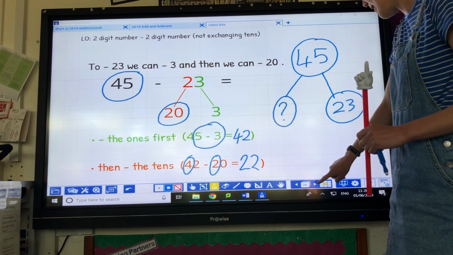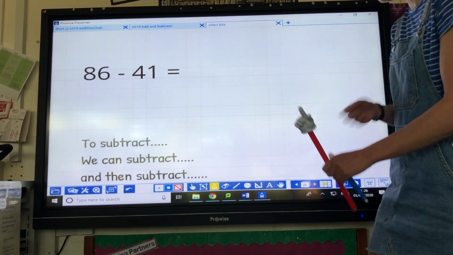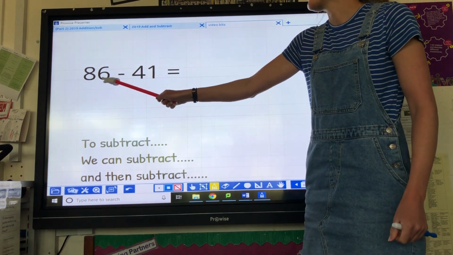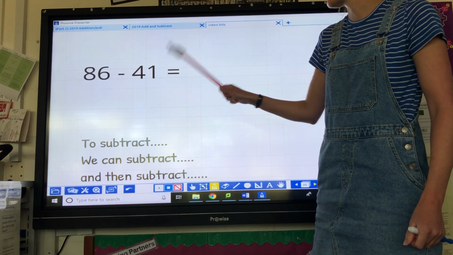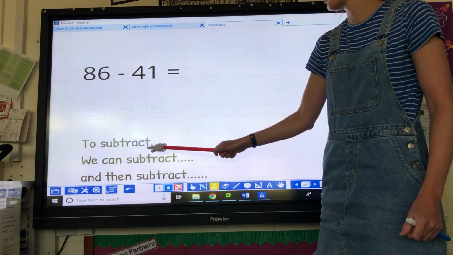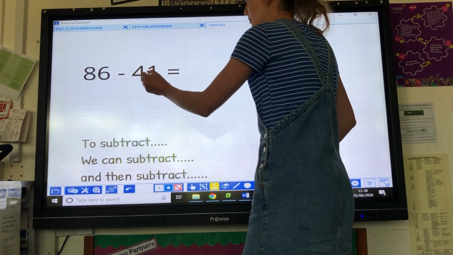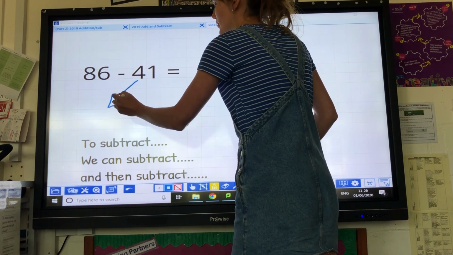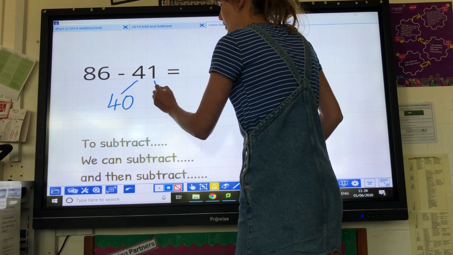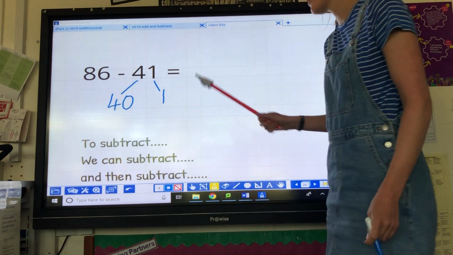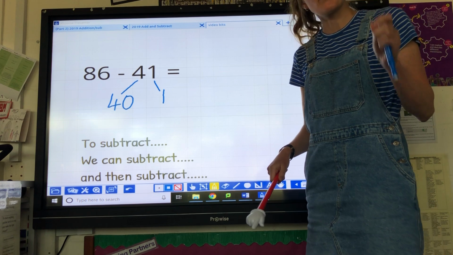Okay, let's have another go. So our number sentence is 86 take away 41. So to subtract, we need to partition the part into tens and ones. So we've got 40 and then 1. Okay, and then what do we do when we start?